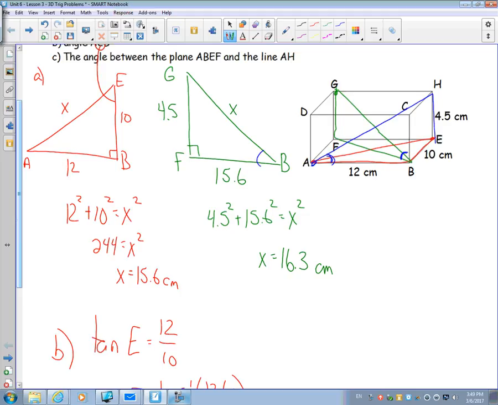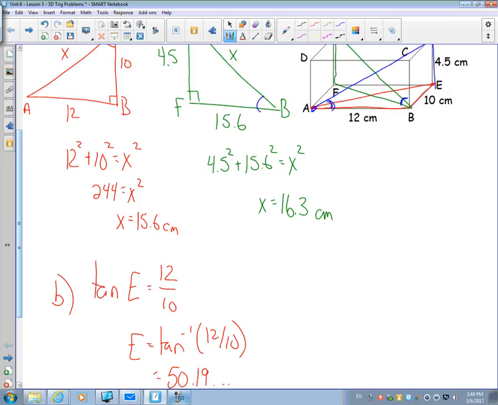I just take my picture from picture B. If I want to find that angle, again, I can use SOHCAHTOA, I can use sine law. I'm going to use tan again. This time it's the tan of B. I know it's 4.5 over 15.6. I'm trying to find this angle right here, right? Use my inverse tan again, and if you do that, you should get 16.1 degrees.